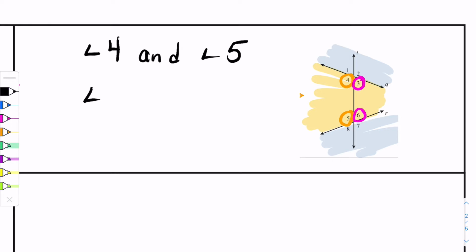Interior angles fall in the orange region. They are on the same side of the transversal to be same side interior. My first example is angle 4 and angle 5. The second example would be angle 3 and angle 6.